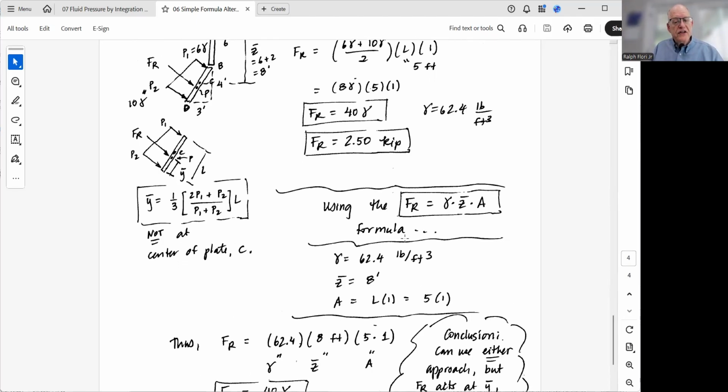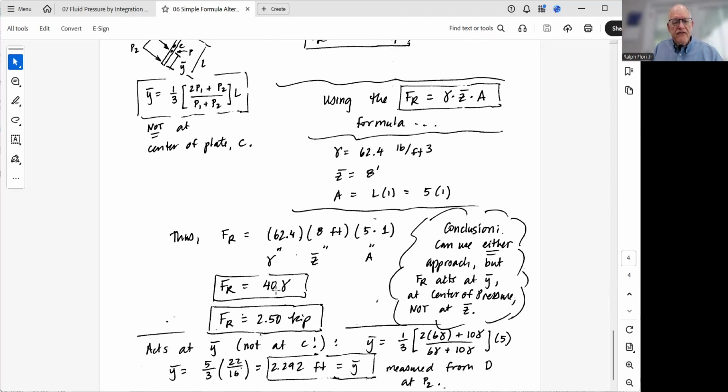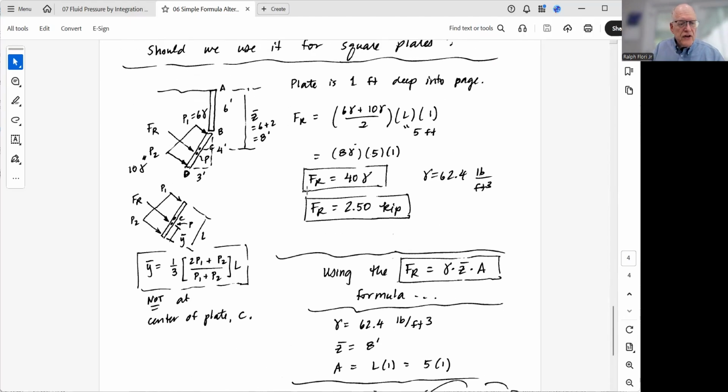Okay, so using the F is equal to gamma Z bar area equation, you basically have FR is gamma, which is 62.4. Z bar is the depth of the center of the plate. So the depth of the center of the plate is 6 plus half of 4, so it's 8 feet to the center of the plate, times the area.